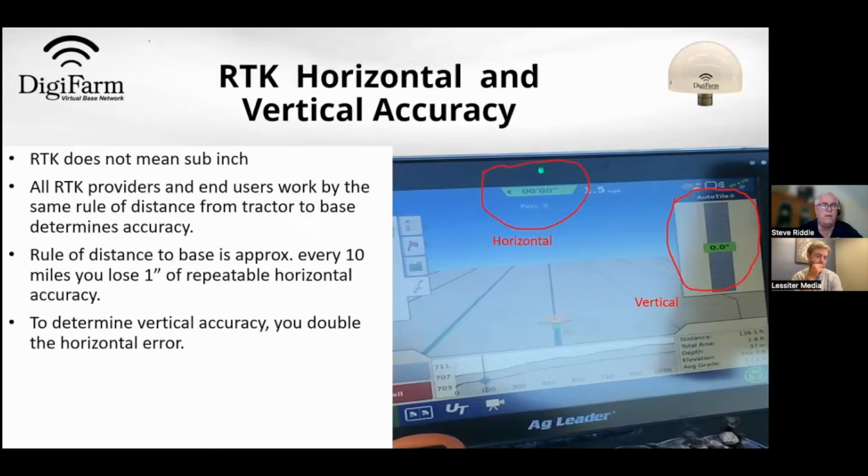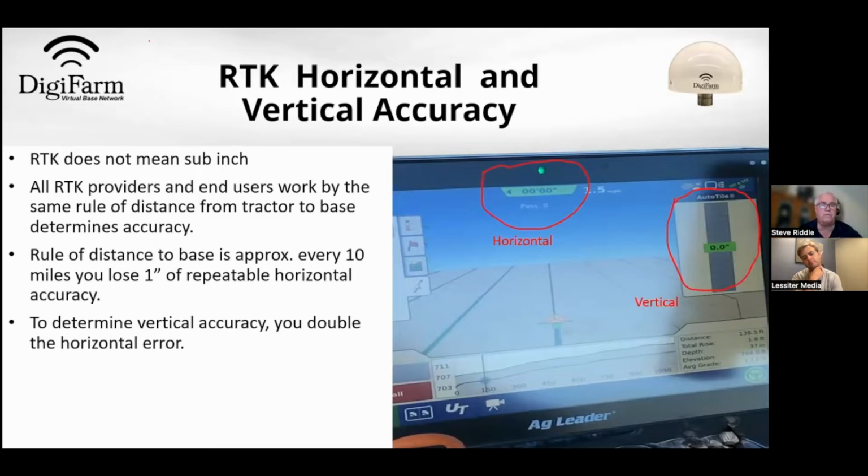The nice thing about determining accuracy for RTK is that no matter who the provider is and what type of system or technology is being used, we all have the same rules that affect accuracy.